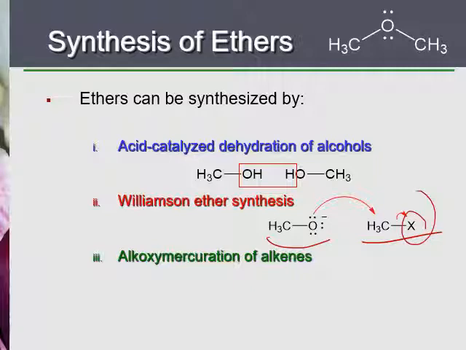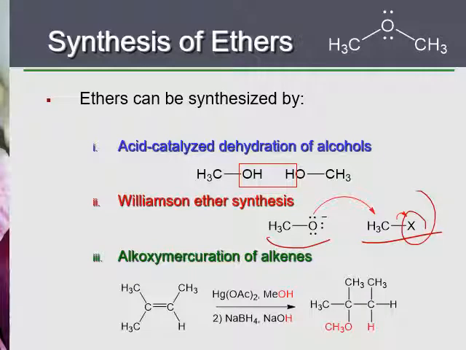The leaving group leaves, giving you an ether. In the third method, called alkoxymercuration of alkene, a double bond reacts with mercury acetate and an alcohol, followed by sodium borohydride in base, giving you an ether.